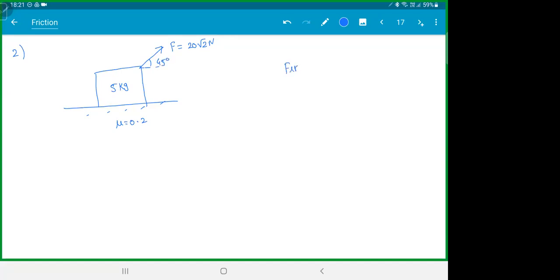Find the distance traveled in 2 seconds, initially at rest. So you have a block on rough ground, mu 0.2, and you're applying a force at an angle of 45. Find the distance traveled by the block in 2 seconds.